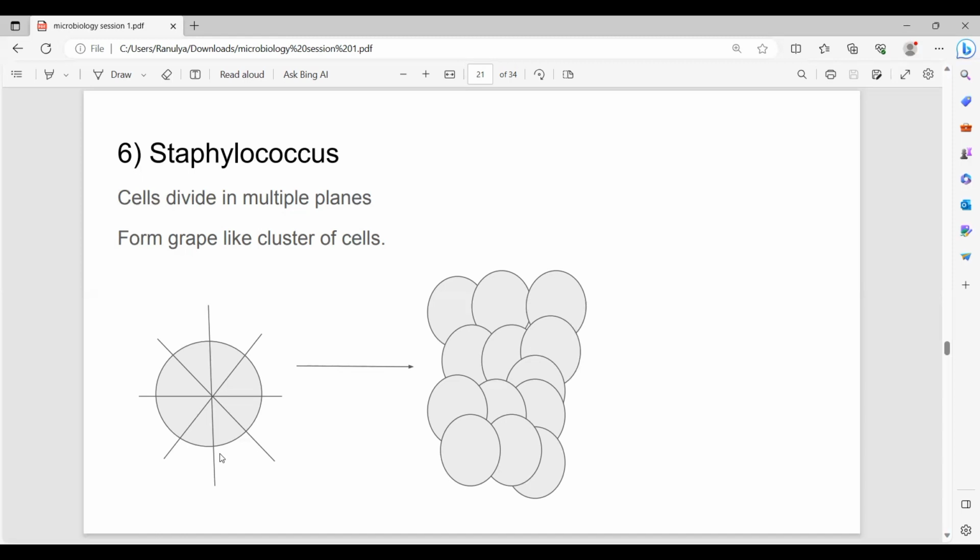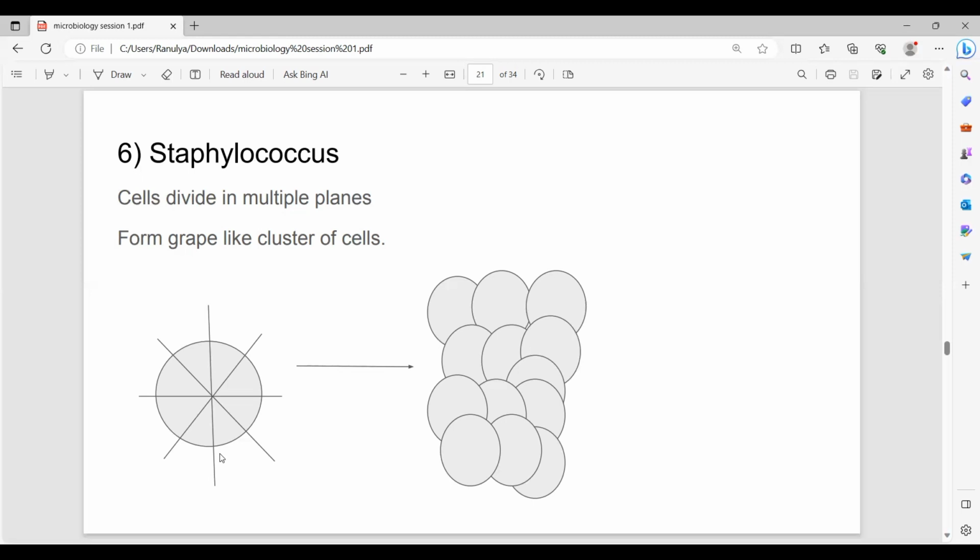If they exist as chains, it's called streptococcus. Then if cell division occurs in two planes and forms four cells and they remain as a group, it's called tetrad. If it divides in three planes and produces 8 cells, it is called sarcinae. And if cells divide in multiple planes and form grape-like clusters of cells, it is called staphylococcus. Okay?